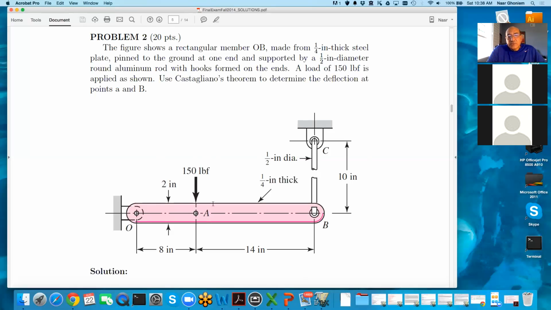So in this case, we want to calculate the deflection at point B, not where the load is at point A. So if we go back in our memory, Castigliano means we go to the point that we need to calculate deflection, and we apply a force in the direction that we need to figure out where the deflection is going. For example, B is going to move downward and it's going to move also horizontal, because once 150 pushes down, then this tip is going to go into like a little circle here.